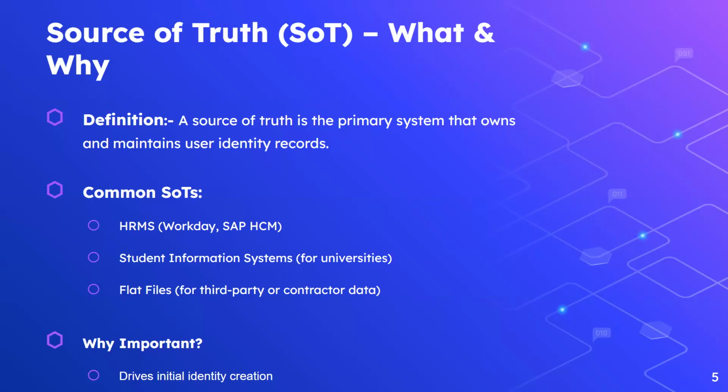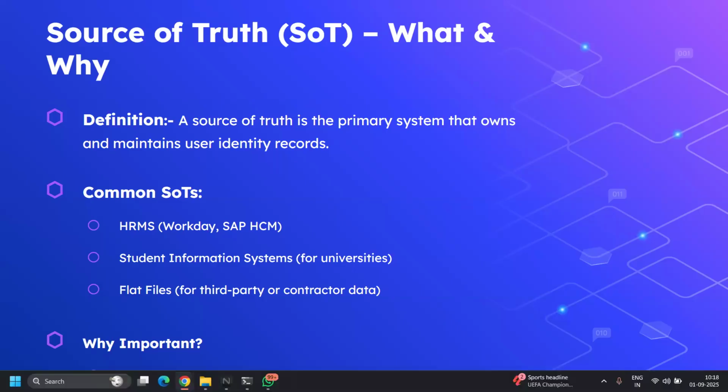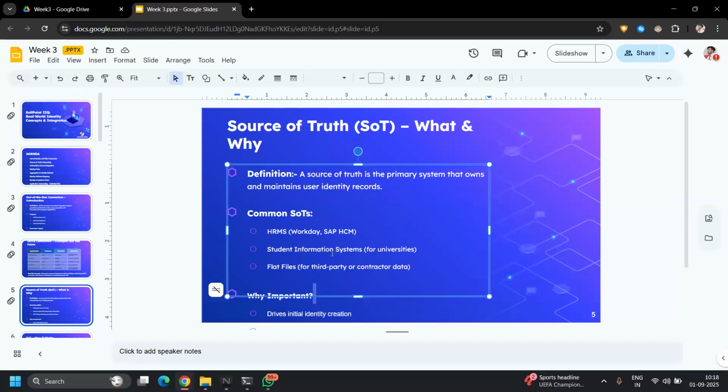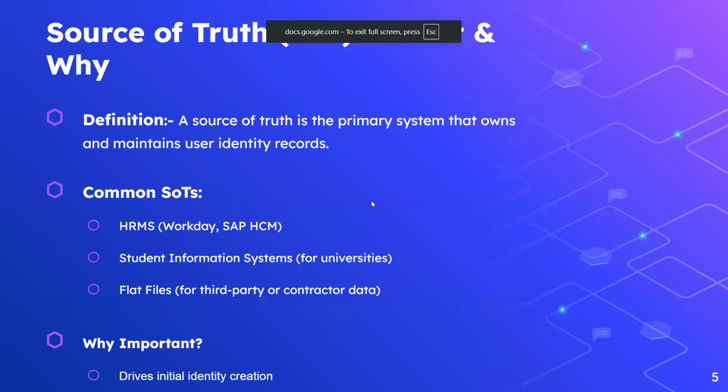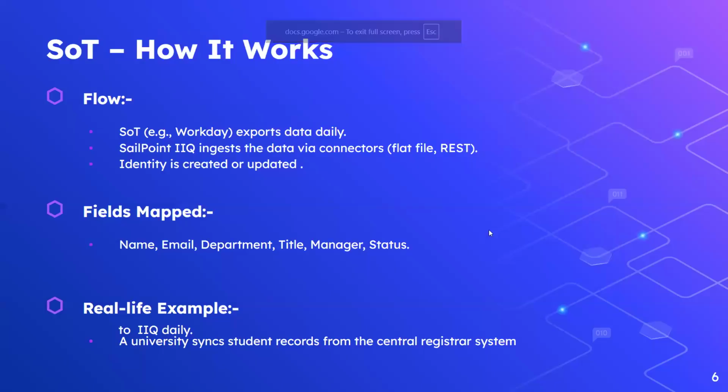Why is it important? Because it drives the initial identity creation. Now, how does it work? Whenever there is a source of truth, it exports data daily. You have to configure and schedule some tasks on a daily basis, because your organization is not waiting for you to hire any employee.